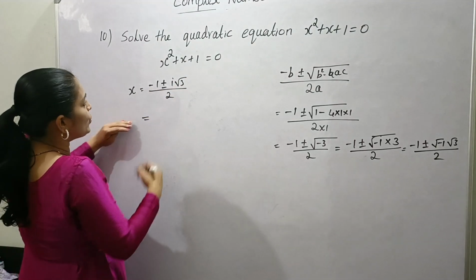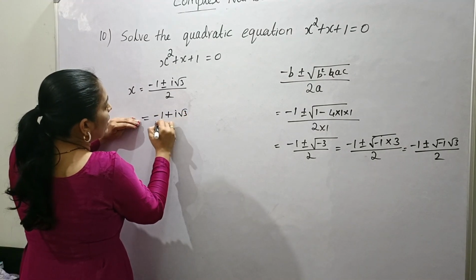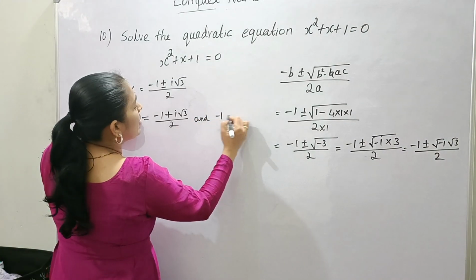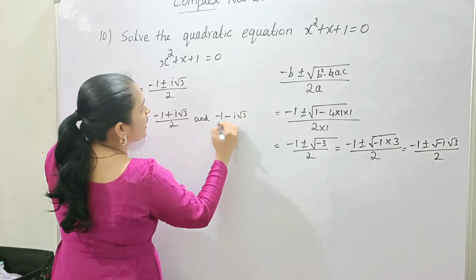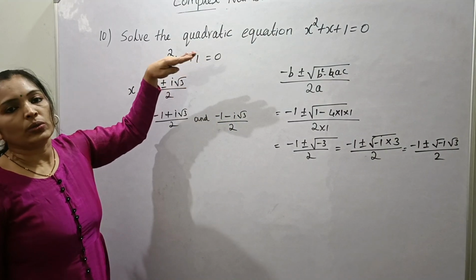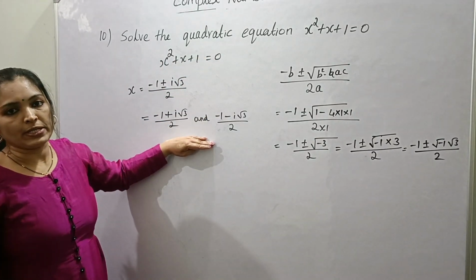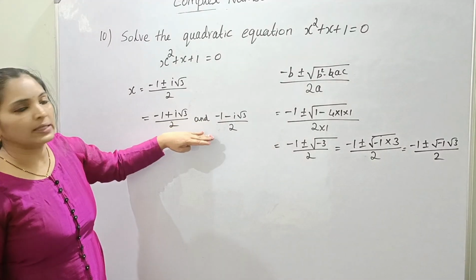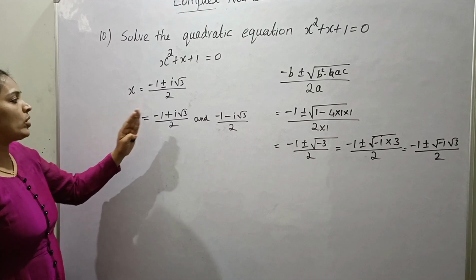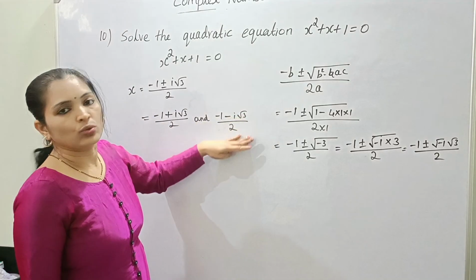So the solutions are minus 1 plus i root 3 divided by 2 and minus 1 minus i root 3 divided by 2. So these are the solutions of the given quadratic equation. These solutions are complex numbers. These complex numbers are the solutions of the given quadratic equation: minus 1 plus i root 3 by 2 and minus 1 minus i root 3 by 2.